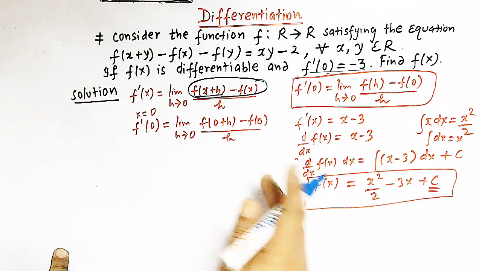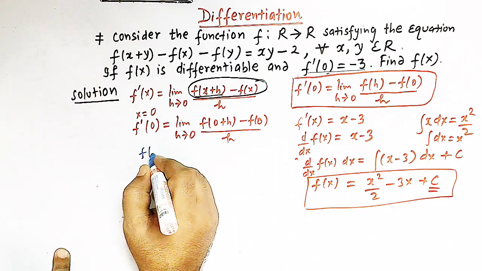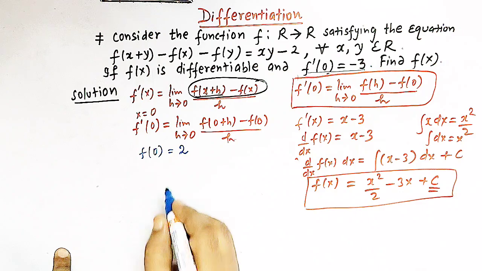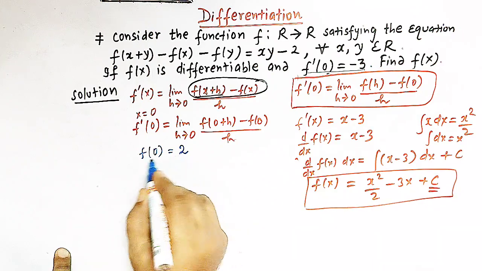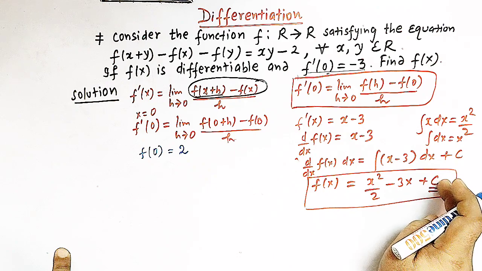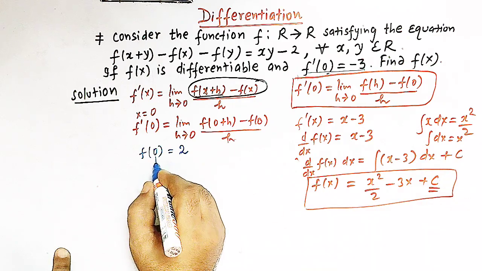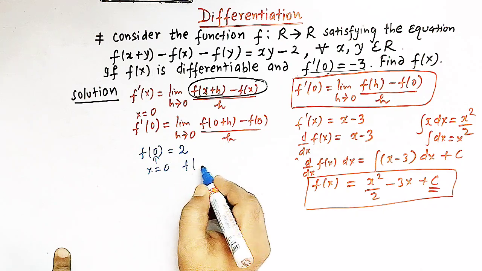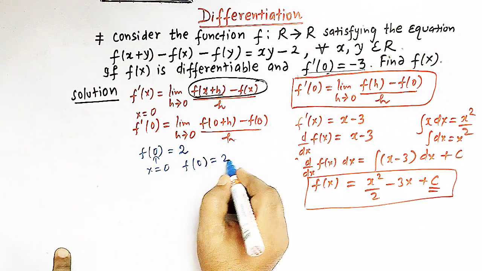So now we have just calculated that f of 0 is equal to 2, right? So we can make use of this condition in finding out this constant of integration. So if we take x is equal to 0, then f of 0 is equal to 2.